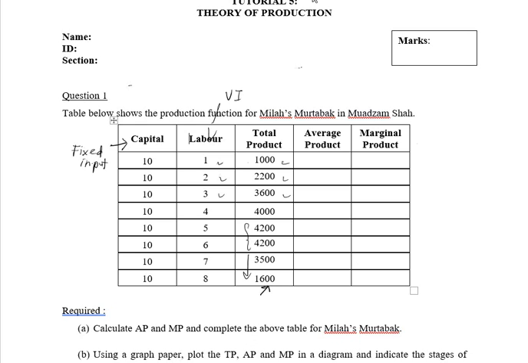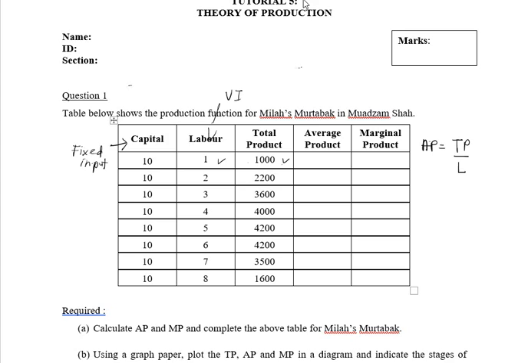To calculate average product, if you look at the slide, the formula is the total product divided by the number of variable input, which is labor in this case. You have to calculate the average product for each number of labor. For example, the first one, 1000, you divide by 1.